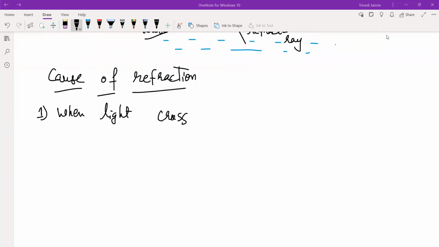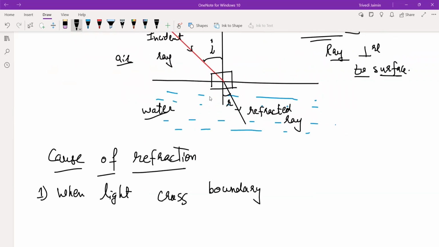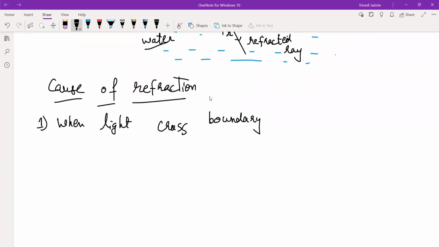Light crosses the boundary. Now, what is the boundary here? This black color is the boundary of air. It's traveling from air to water. That is our boundary. Crosses the boundary. Sir, or can we write changes the medium?